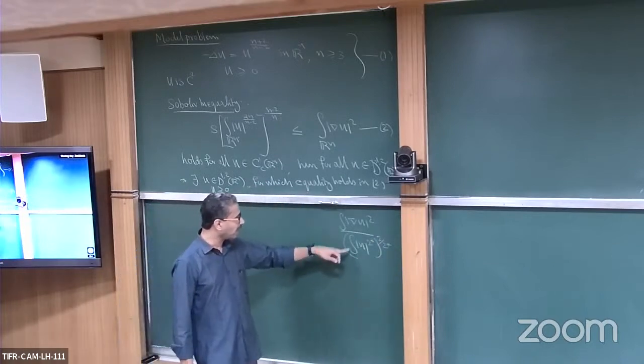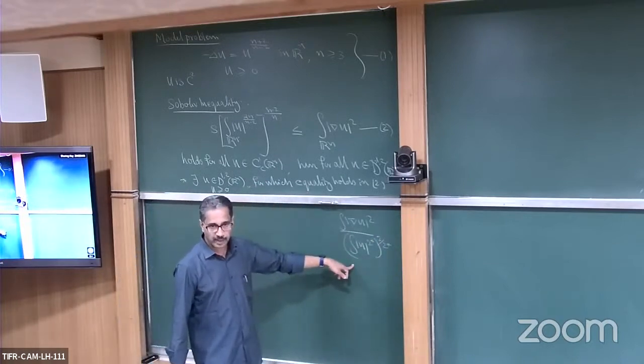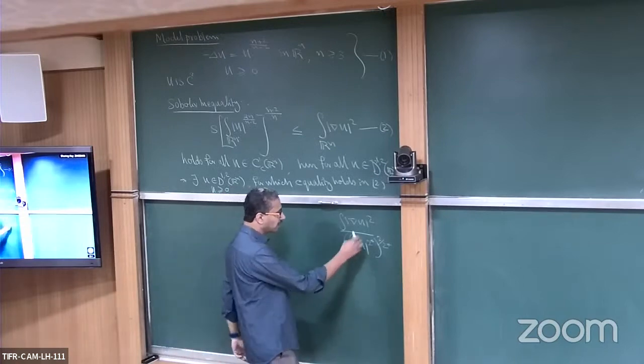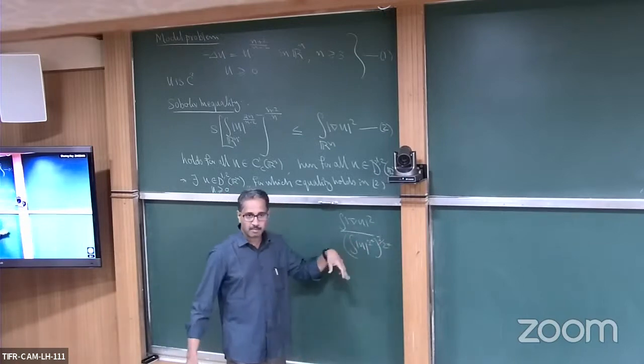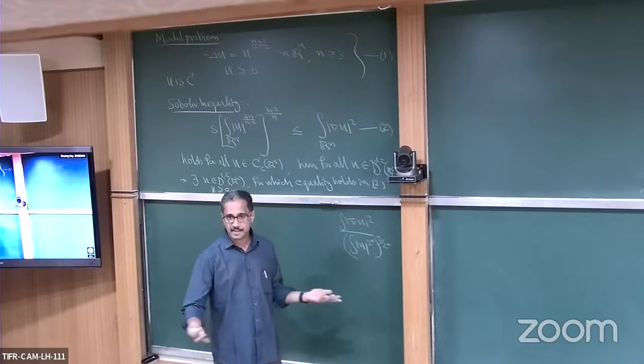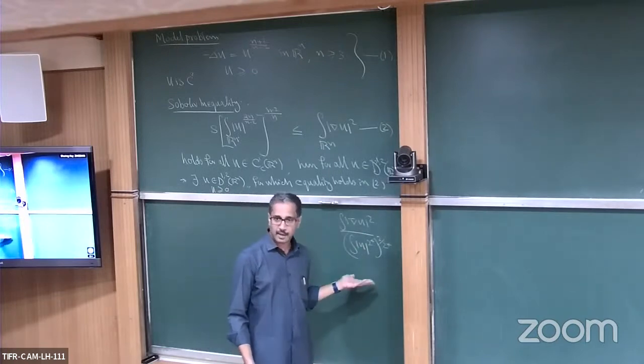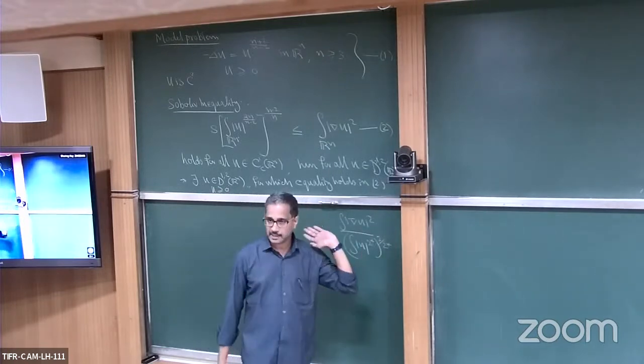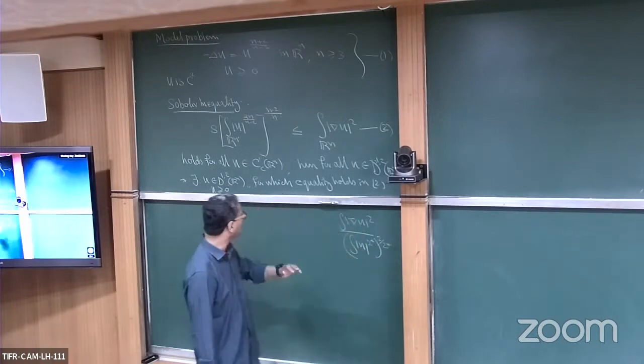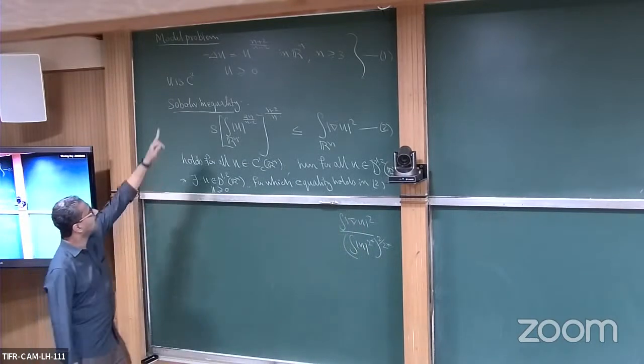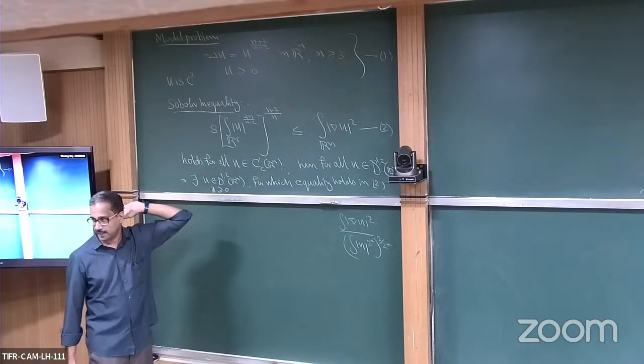At the minimum, you know that the derivative is 0. You basically compute that in the form of directional derivatives, and that will give you an Euler-Lagrange equation.